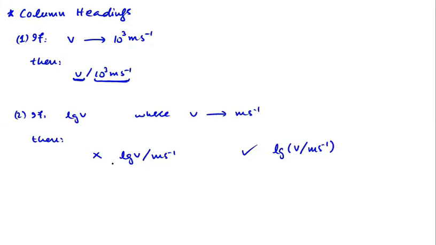The reason why the first heading is wrong is that it suggests that the units meter per second are the units of log of V, which is not true. Meter per second are the units of V only. As for log, it is a mathematical operator and it has no units. So a quantity V, for example, may have units, but log of V has no unit.